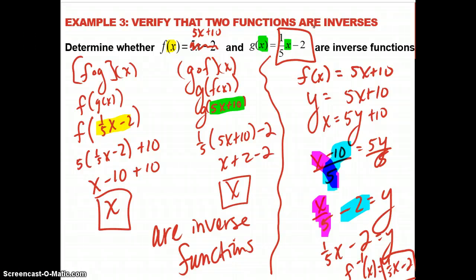If I find that, then I know that these two are inverse functions, and I don't really have to mess with the compositions. This is giving you options on which ways you want to verify that they are inverses.